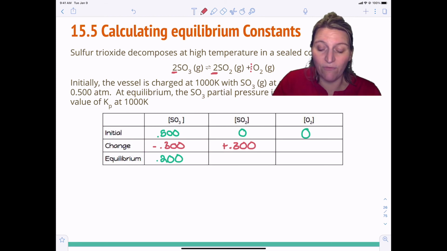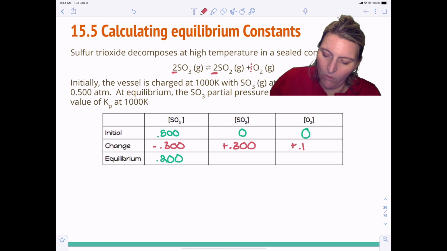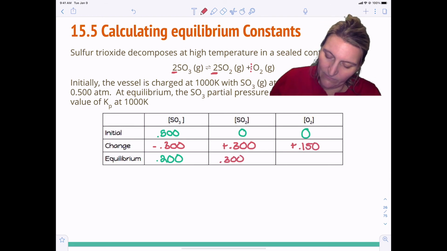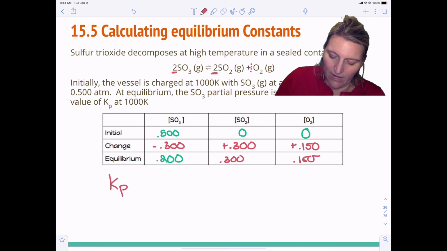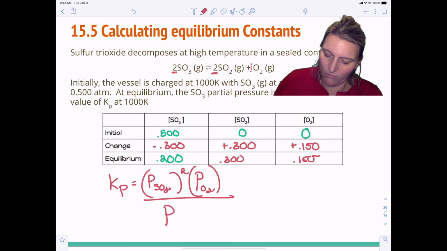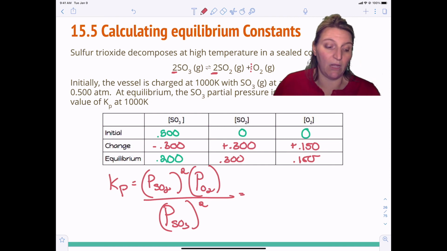It is half of SO3, so therefore it is going to go up by 0.150, or half that. So now Kp is equal to the partial pressure of the SO2 squared times the partial pressure of the O2 divided by the partial pressure of the SO3 squared. Plug in our numbers.